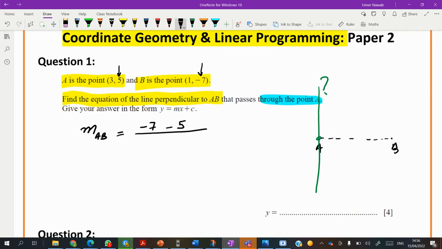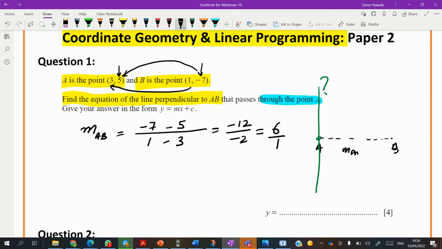If you choose the direction from right to left, that is 5 minus minus 7, you have to choose the same direction for the difference of x coordinates. So I will write 1 minus 3. Now I get minus 12 in the numerator and minus 2 in the denominator. So the answer comes to 6, basically 6 over 1. So the gradient of line AB is 6.